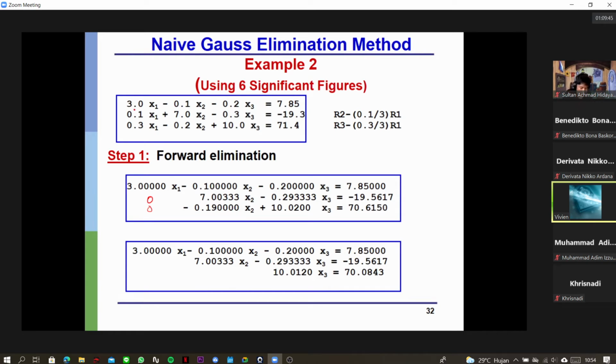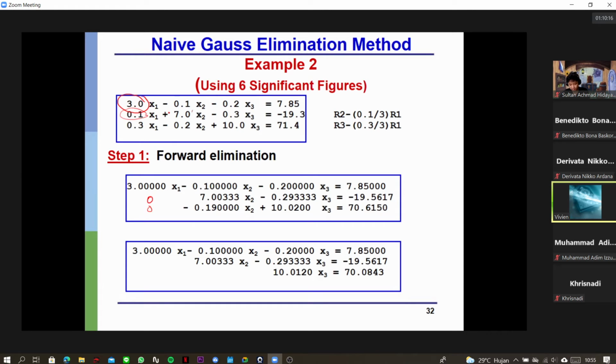So how to get the 0 element is to subtract from the second row. If we choose this one as the pivot element, we subtract from the second row a factor multiplied by the first row. That will be R2, the second row, minus 0.1 over 3, which is the pivot element, times R1. If we subtract it, the first element for the second row will be 0.